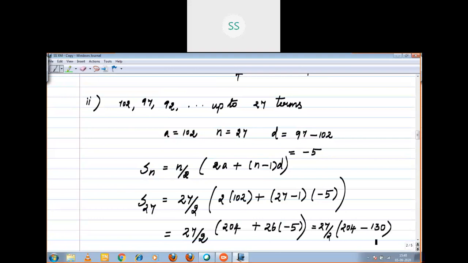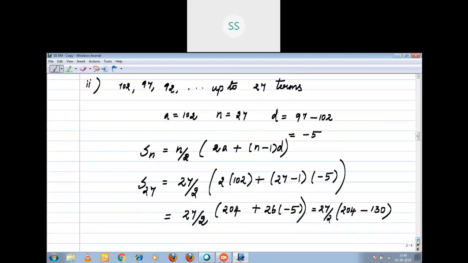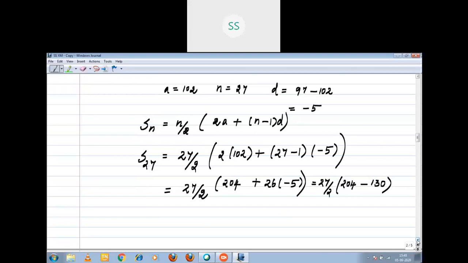The multiplication you know very well, right? 26 fives are 130. So, what is your result now?